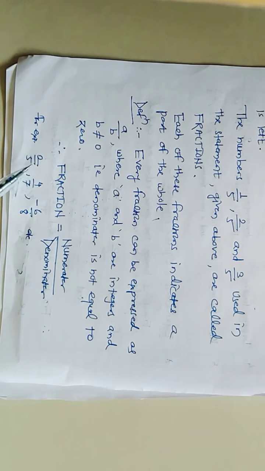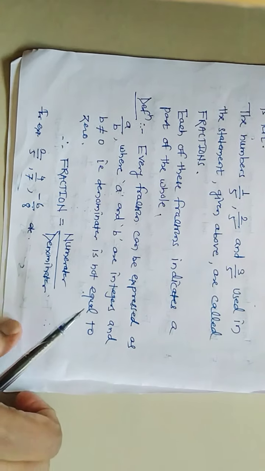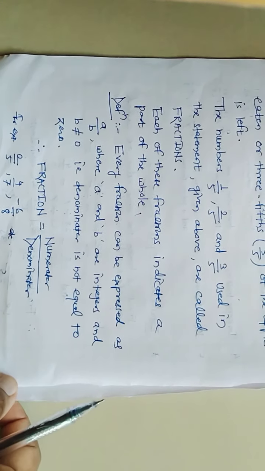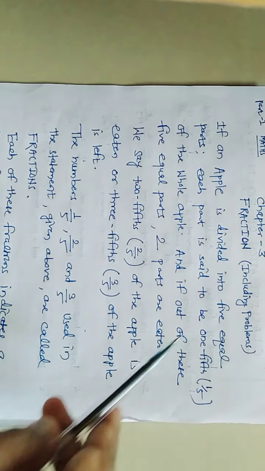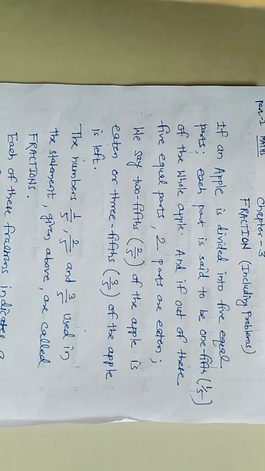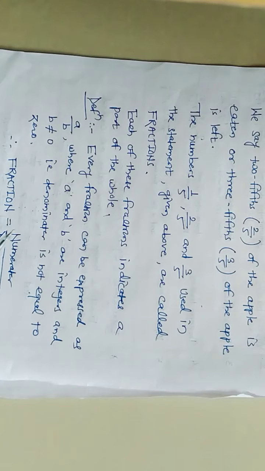For example, 2/5: here 2 is an integer, 5 is an integer, 5 is not equal to 0. Another example, 4/7, minus 6/8, etc. All these are examples of fractions. Hope you can understand what is meant by a fraction with an example and definition also.